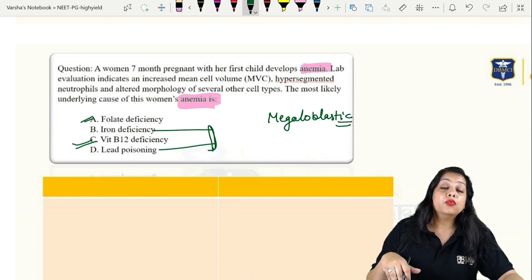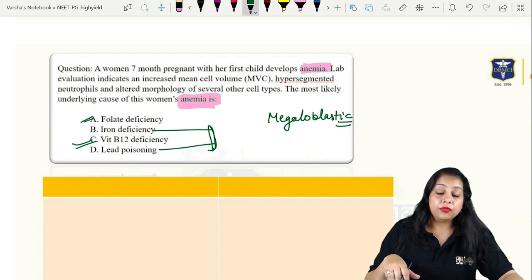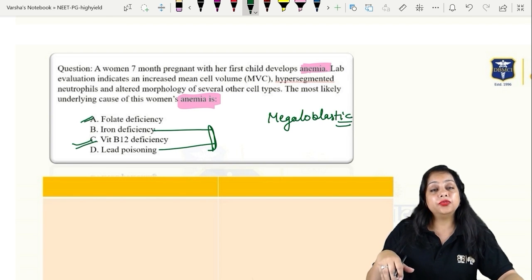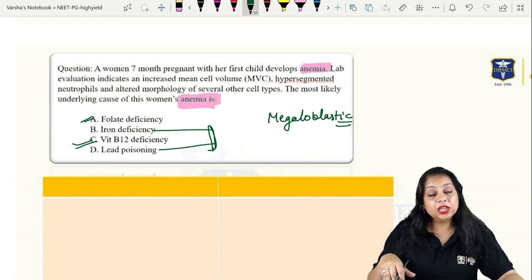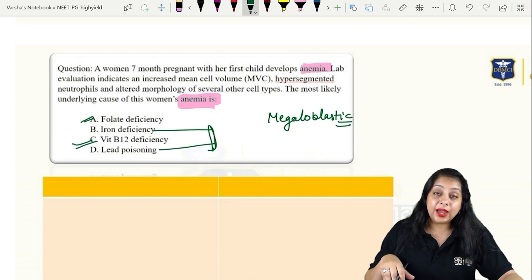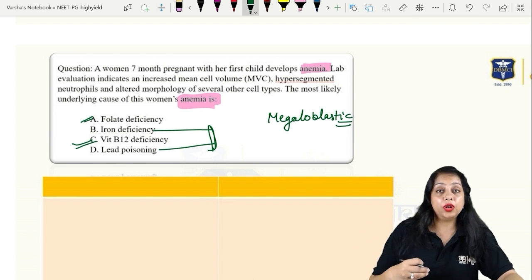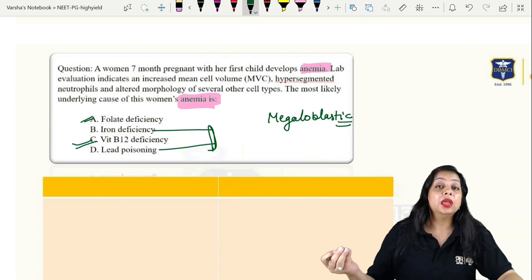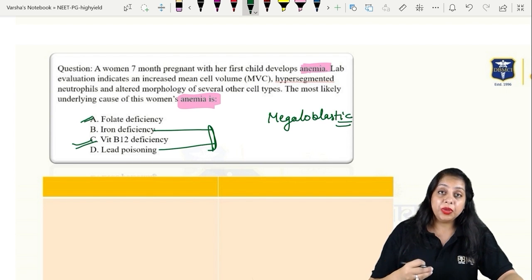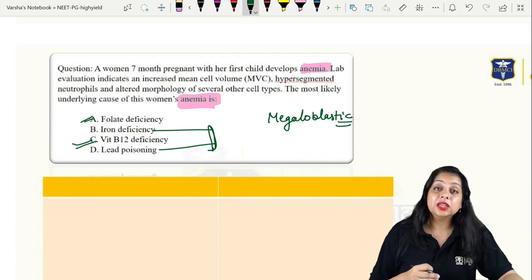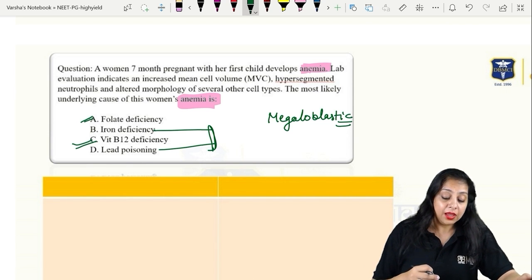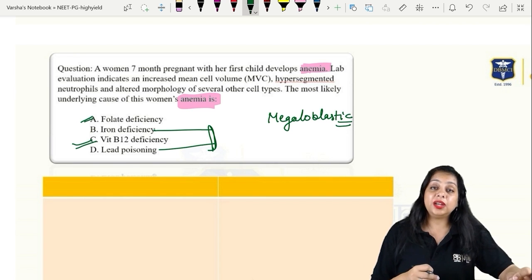We make tetrahydrofolic acid from folic acid, and folic acid must be provided in the diet because our body is incapable of synthesizing folate. Bacteria do synthesize folate, but we take it in our diet. So if it says pregnancy, most probably it is a megaloblastic anemia with folate deficiency.